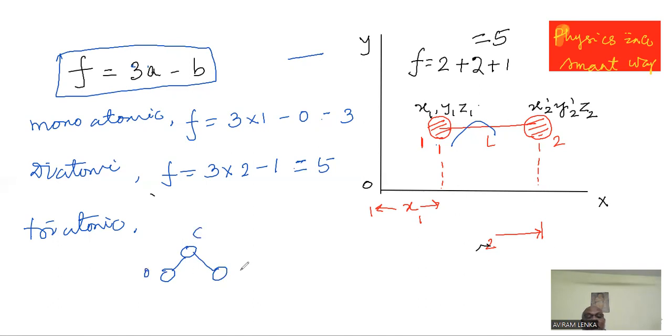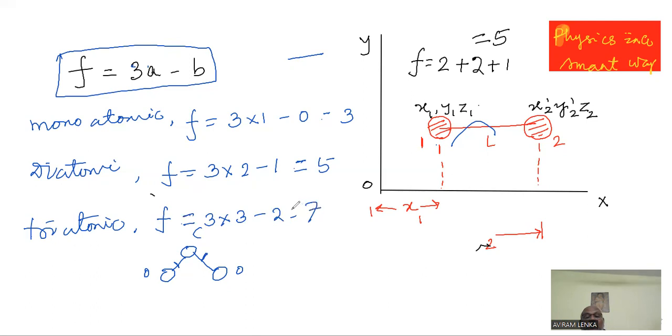So far as my knowledge goes, and that dates more than 30 years back, in carbon dioxide the structure is like this, and there are only 2 bonds. There is no bond between O and O. So the degree of freedom will be 3 into the number of atoms, 3, minus the number of bonds, 2.